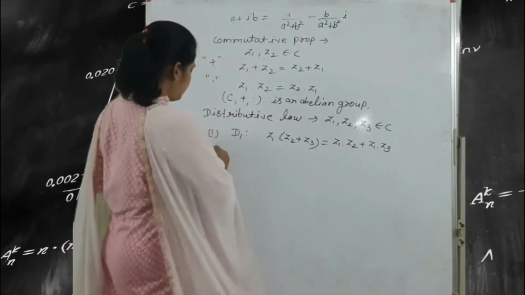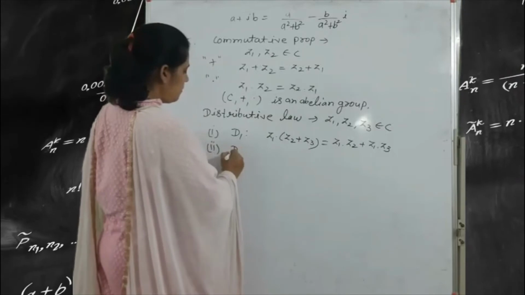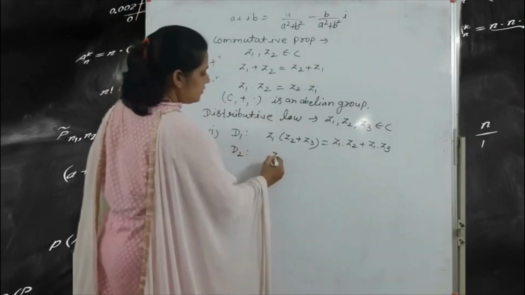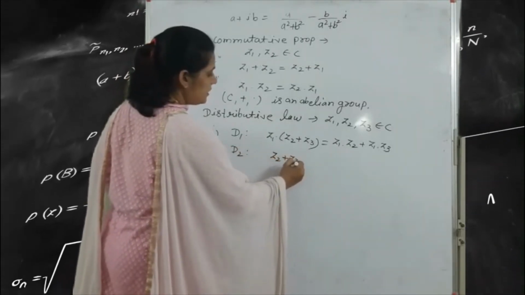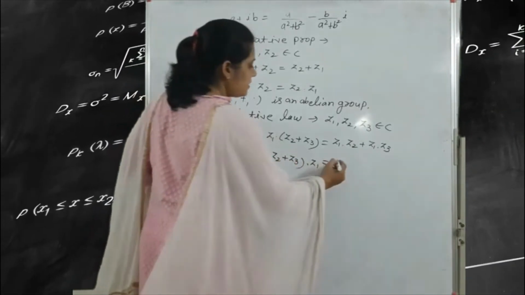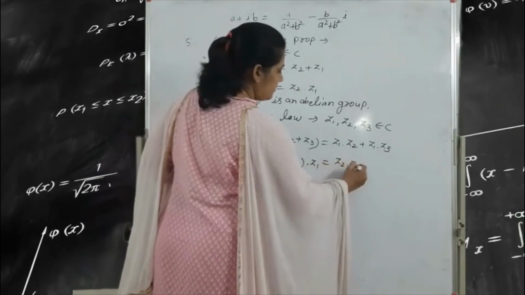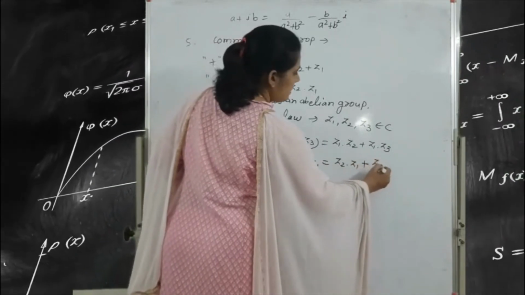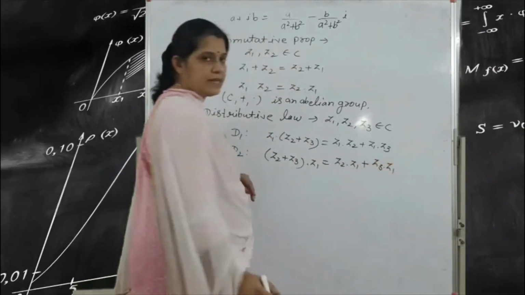And the second distributive law: (Z2 plus Z3) dot Z1 is equal to Z2 dot Z1 plus Z3 dot Z1.